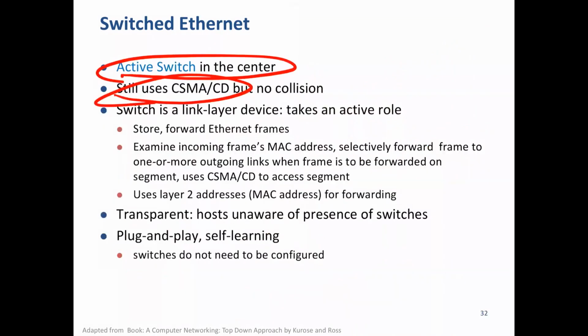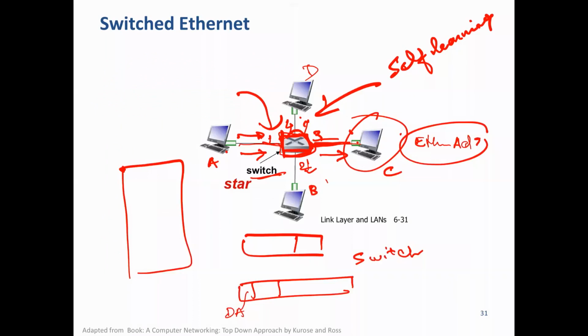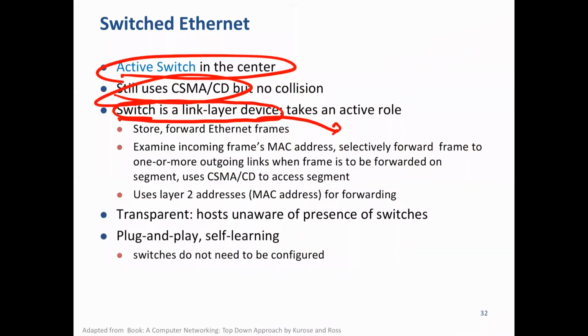Routers are also store and forward, and switches are also store and forward. However, switches work at the layer 2 address, like the Ethernet address. So far we have not used IP. The packet being sent may contain IP, but the switching is happening only at the Ethernet level.